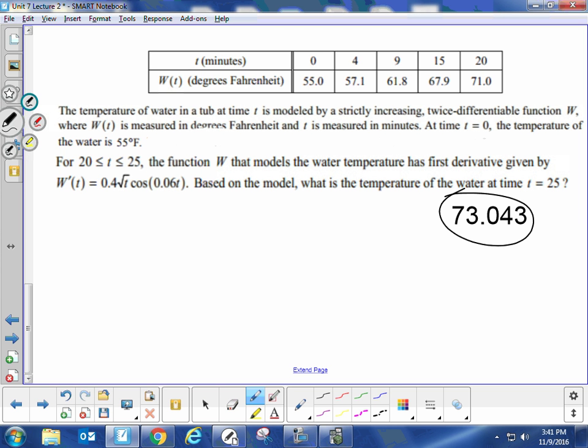Yeah, it's not exactly right there. Not exactly right. That's good. Really look at the details of the question. That's the key. You got it, Mr. Wright. The details of this thing. For 20 to 25, the function W has a derivative that's that.